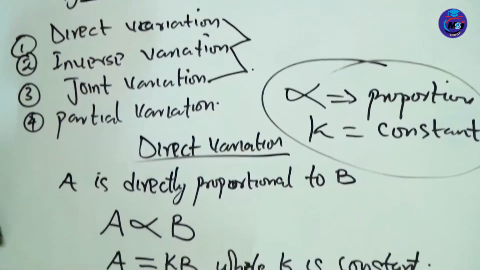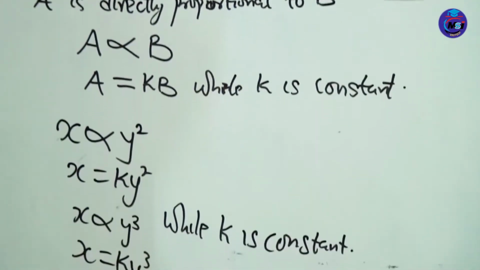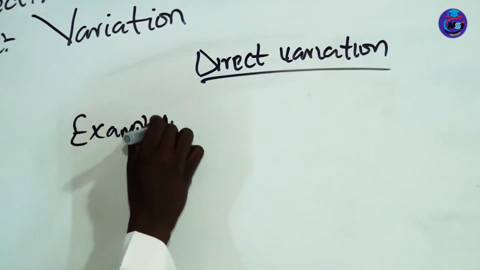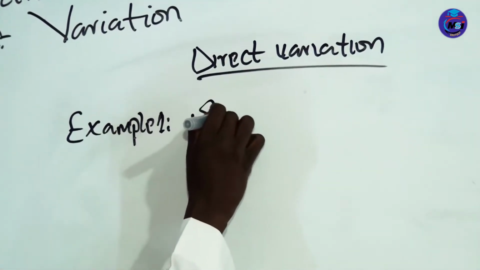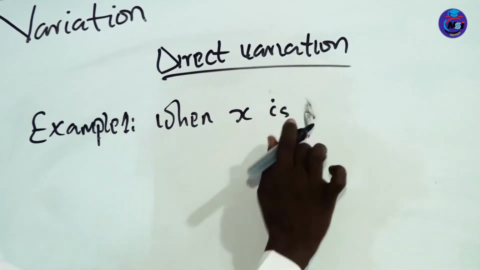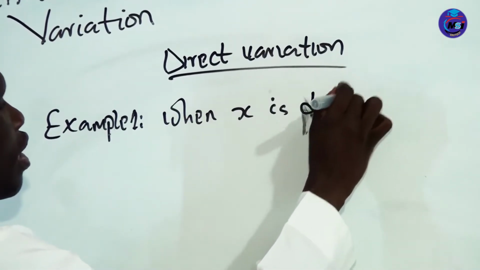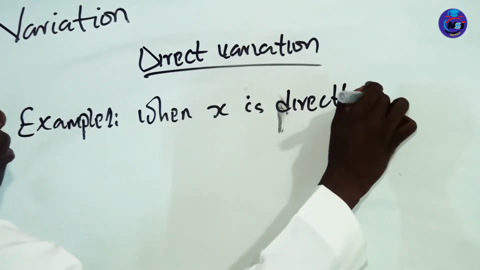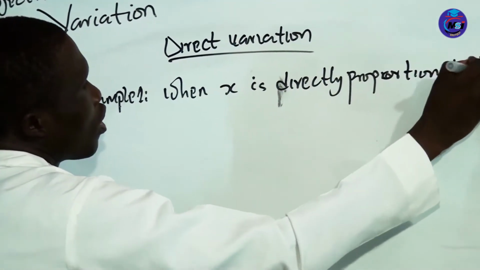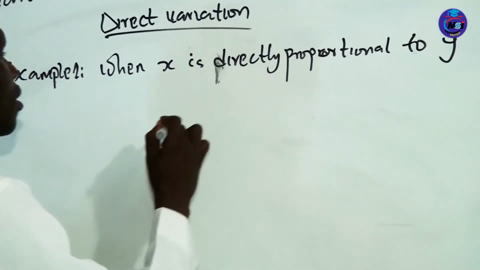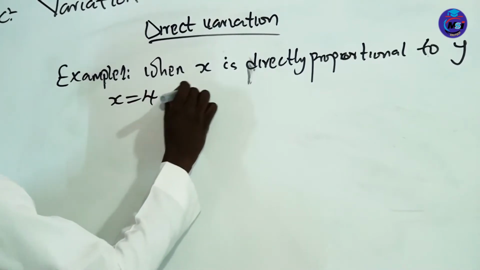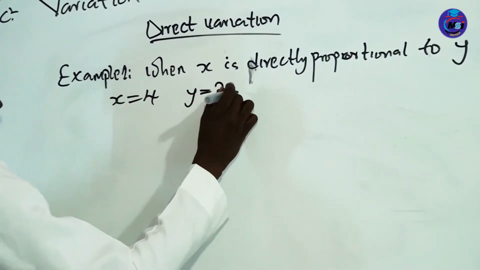Now let me give you an example of direct variation. Example: when x is directly proportional to y, x is 4, y is 2.